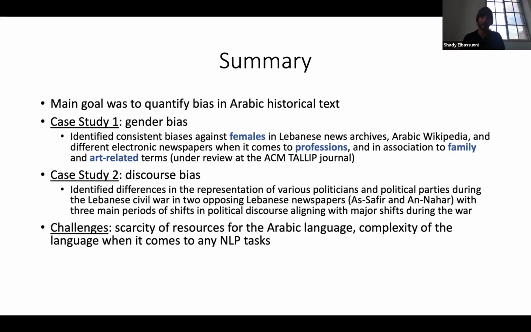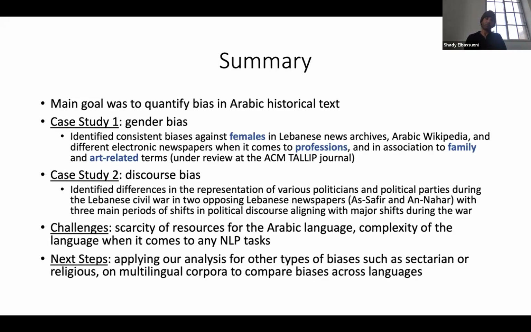Arabic is quite ambiguous. It's morphologically complex when it comes to any NLP task. It also is grammatically gendered. So really, most of the work on English wouldn't work for Arabic. These were quite challenging obstacles that we had to overcome.